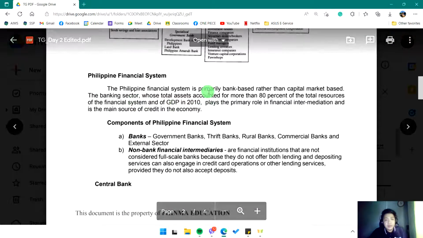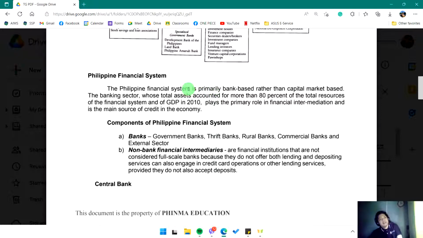It is, of course, no, our country is primarily run by banks as our financial system rather than capital market based. So instead of us being heavily reliant on capital markets, nagre-rely tayo primarily sa mga banks. And then the banking sector typically accounted for more than 80% of the total resources of the financial system of GDP natin way back in 2010.